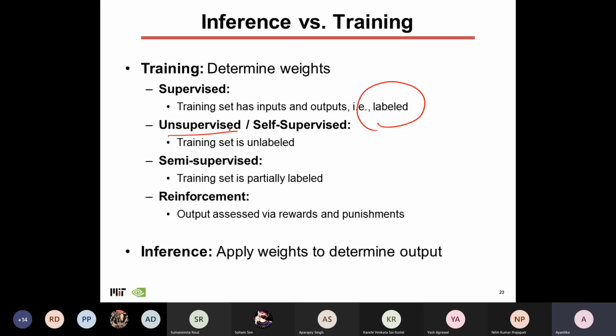Semi-supervised, you can understand, both are partial. And reinforcement is based on reward and punishment exchange between some agent and environment. So all the possibilities are possible here.